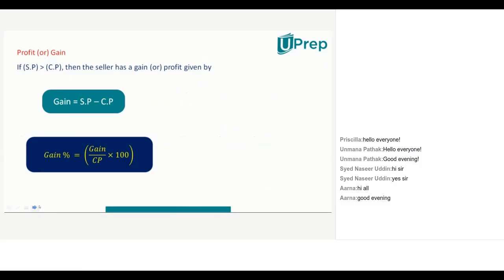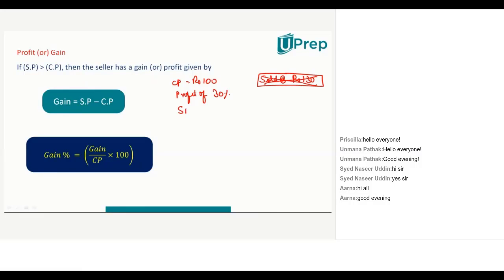My question is, I've bought a pen for rupees 100. Now, instead of telling you that I sold the same pen at rupees 130, let me not take this. Let me tell you, I bought the pen for rupees 100 and I wanted to sell the same pen at a profit of 30%.